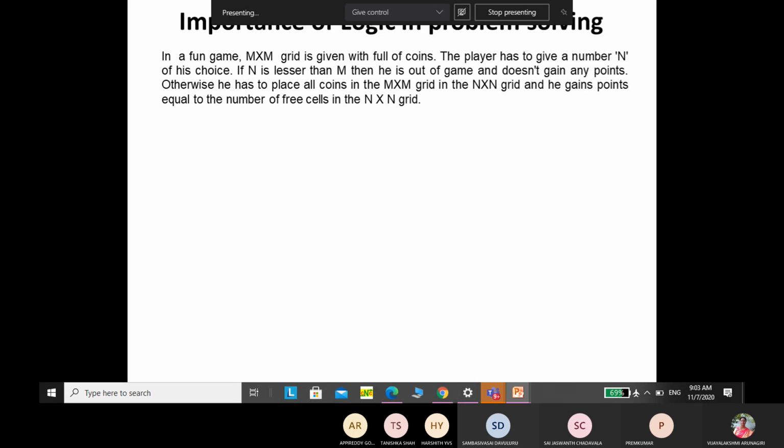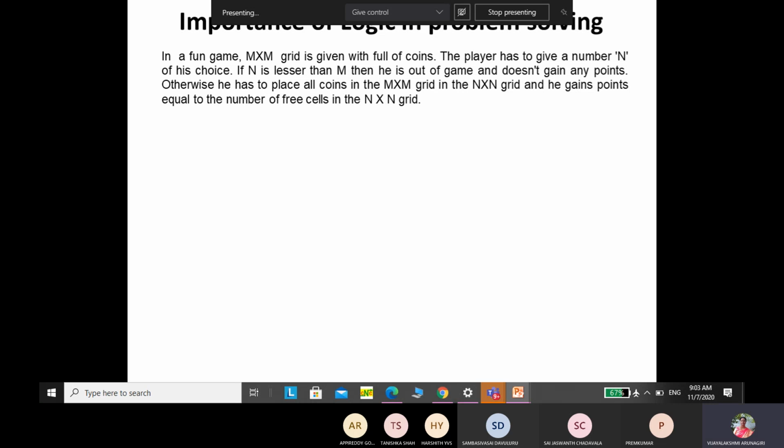We should print he's out or something like that. If not, we should replace all the coins in the m x m grid with the n x n grid. And after replacing, the number of free spaces in the n x n grid is the points he gained. That's what I understood.